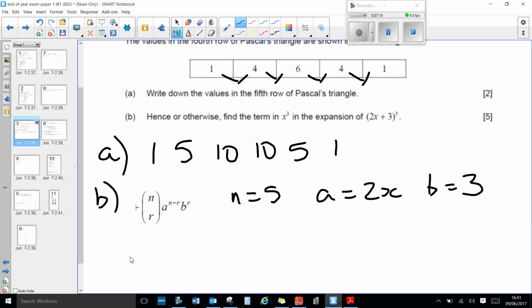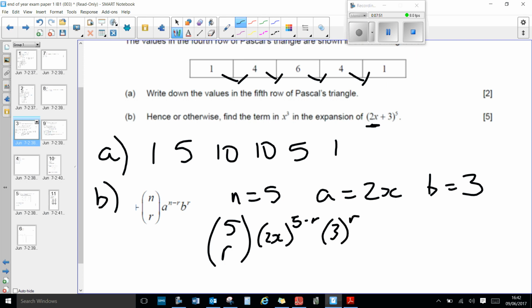In this case, it would be quite straightforward because we can see there's only one term in the bracket that has an x, which means that we're wanting to find the power of x is 3. Actually, let me just put the general formula in. So we've got 5 choose r, 2x to the 5 minus r, bracket 3 to the power r.